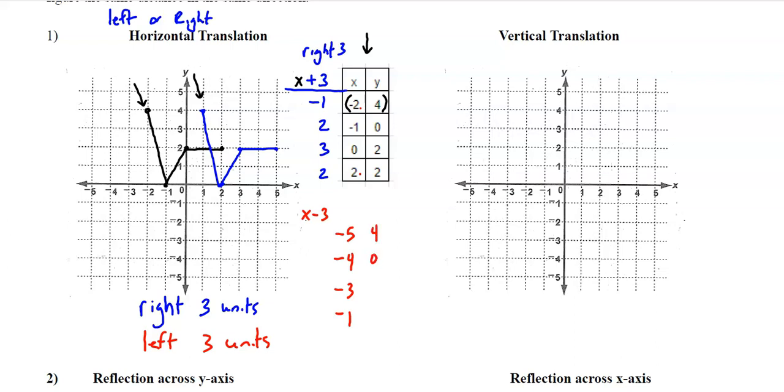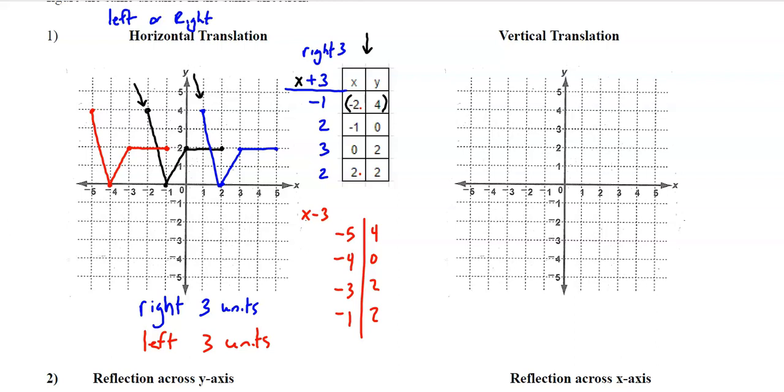Y's all would stay the same. And there's our new coordinates. And if I graphed it, left 5 up 4, left 4 up 0, left 3 up 2, left 1 up 2, and even without drawing the picture first, I could move it because I knew that horizontal translations affect the x number.